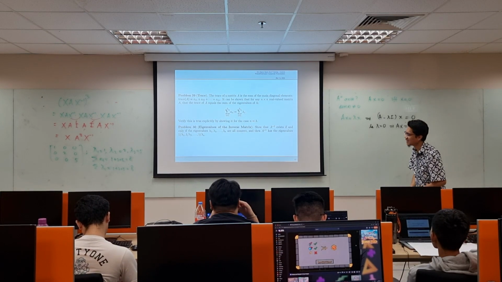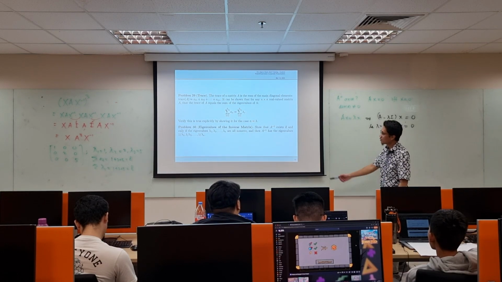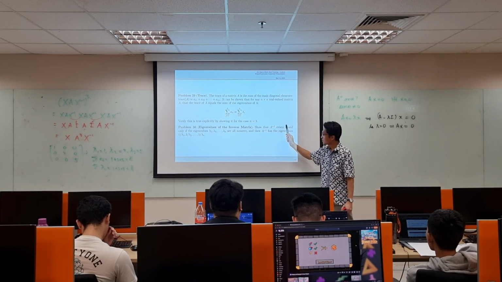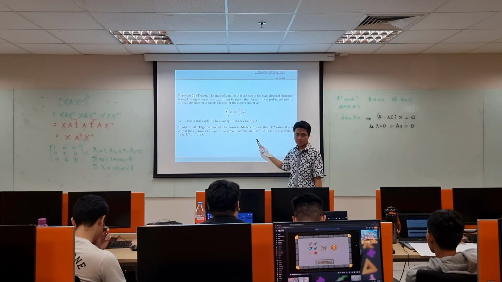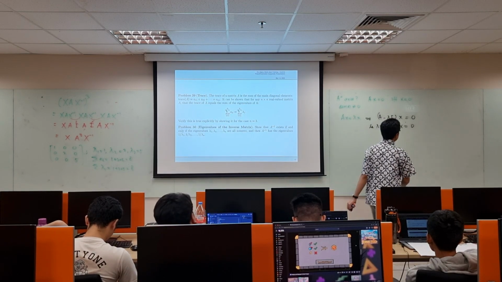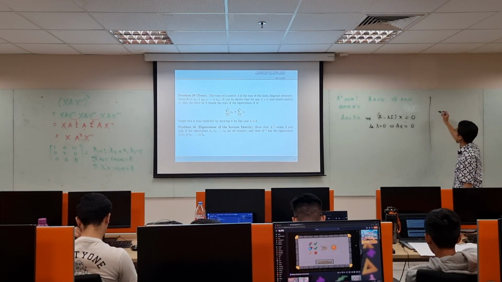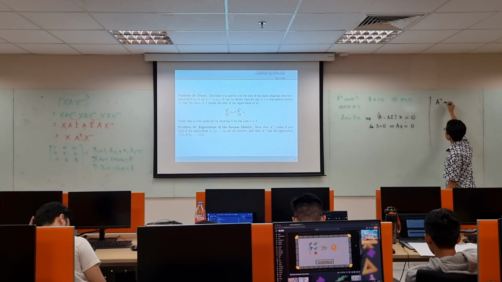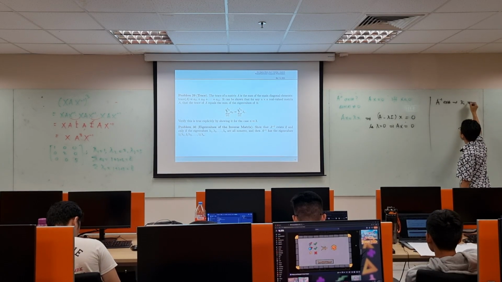Okay, let me repeat again. We want to show that if this is true, then this is all non-zero. The statement says if and only if, right? A inverse exists implies lambda I non-zero.